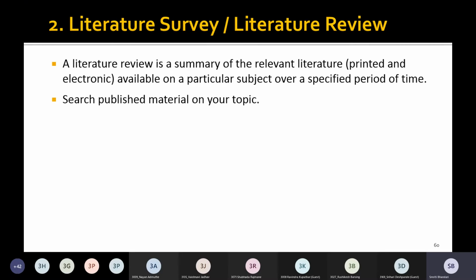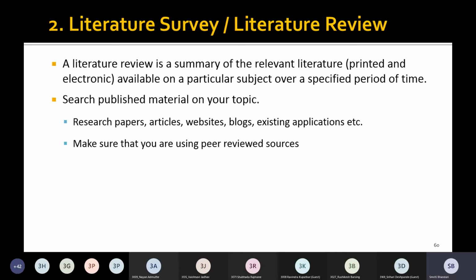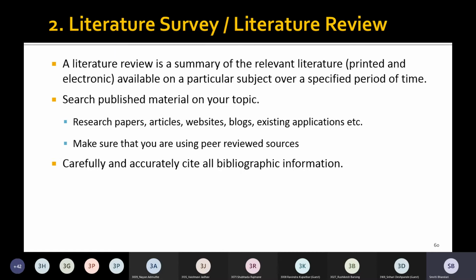So we should search the published material, research papers, articles, websites, blogs, existing applications if any. Also, we need to make sure that whatever resources we are using are authenticated. If we are referring to papers, periodicals or articles, then these papers should be peer reviewed, and published by reputed publishers.